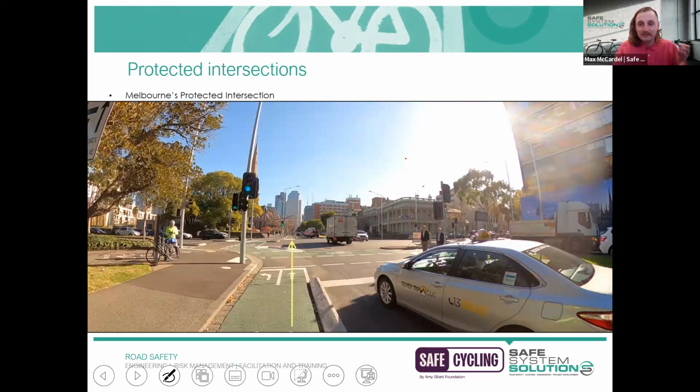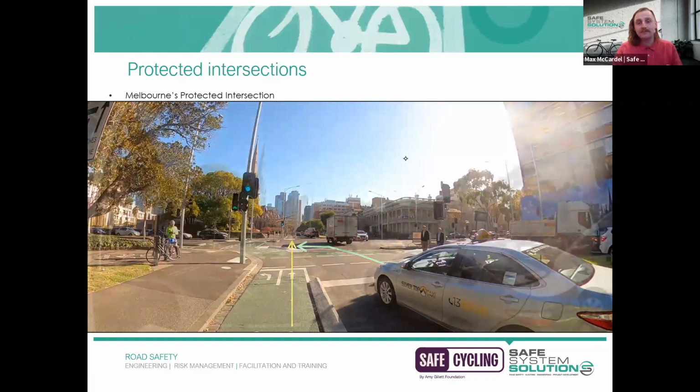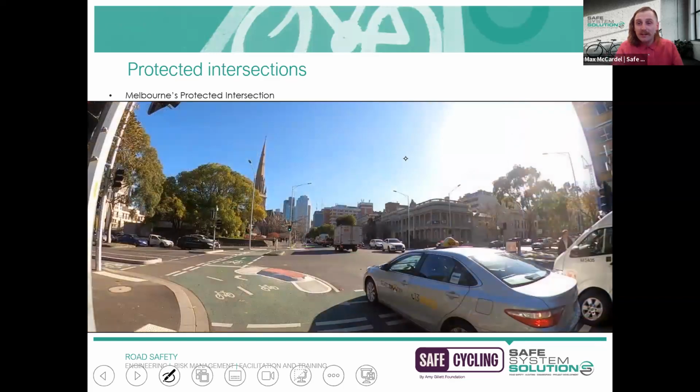So this first arrow in this very light yellow color is the traditional path a cyclist would be taking. That green arrow is the vehicle's path as they're turning left. And in a moment in time, this is what this intersection looks like.